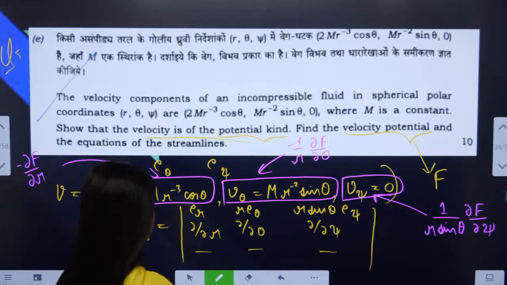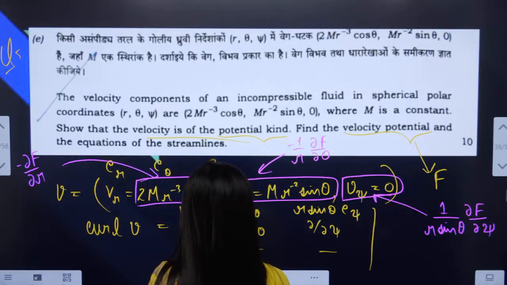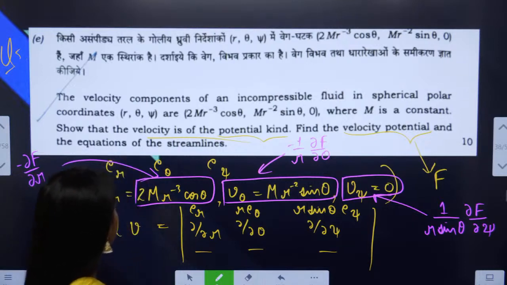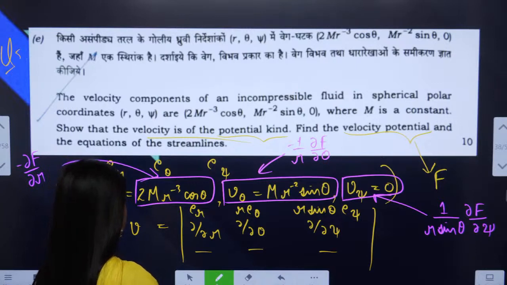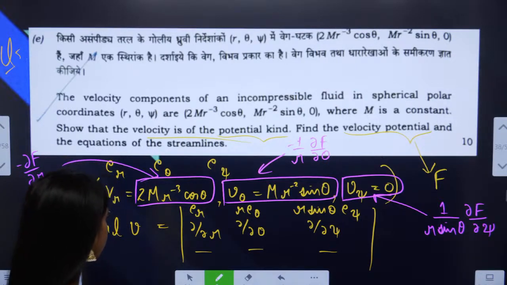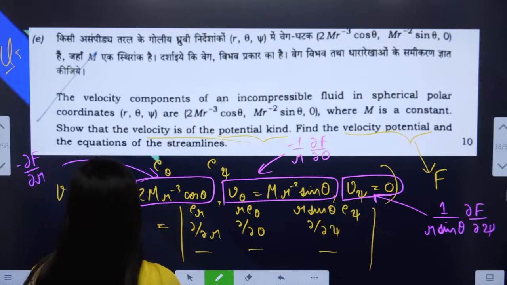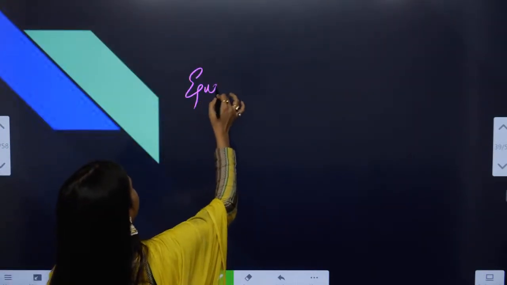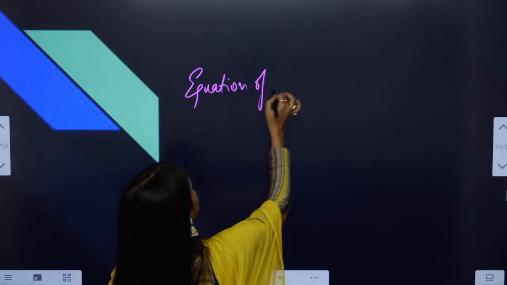Then the streamline. The equation for the streamline is given by dr by qr, and that you can obtain with the help of the equation of streamlines.